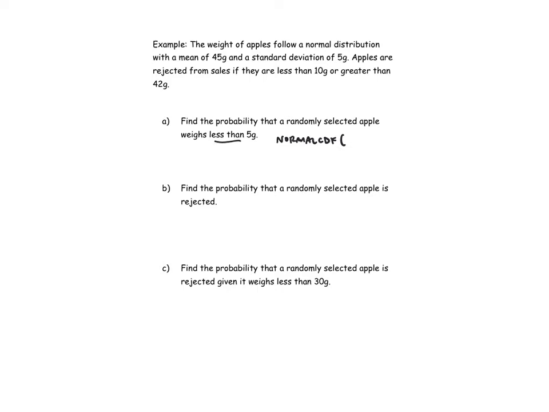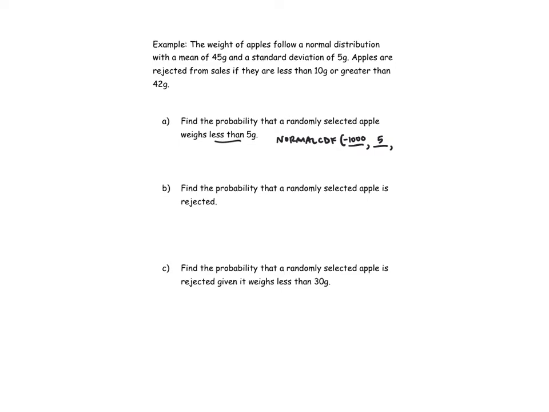If you're going less than a value, you want to put a lower bound followed by your upper bound. In this case, our upper bound is 5. If you need a lower bound, typically a good number to go with is -1,000, if you're not already given one. That'll take you far enough out to that left tail that there won't potentially be any error.